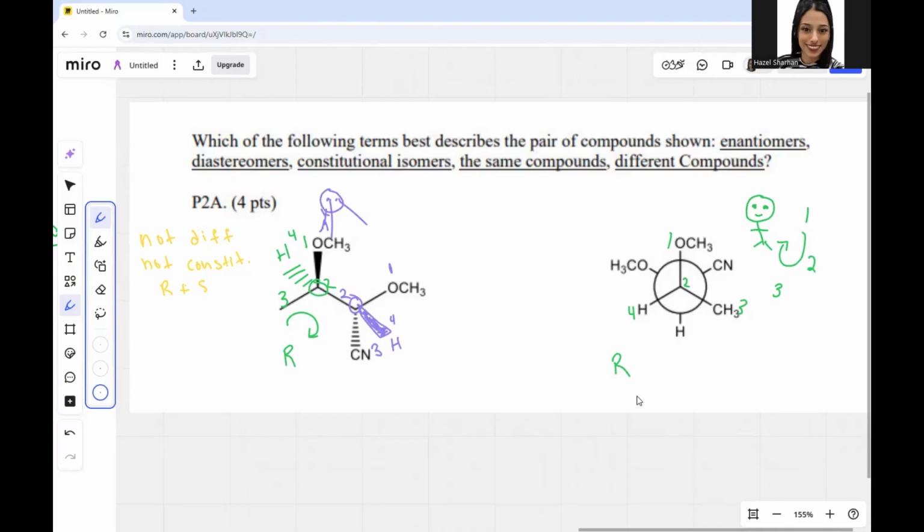And then what they see on their left is a 1. What they see on their right is a 2. And then on the bottom there, they see the 3. So what they see is clockwise, R, right? That's the other way. The second way is telling us R as well.